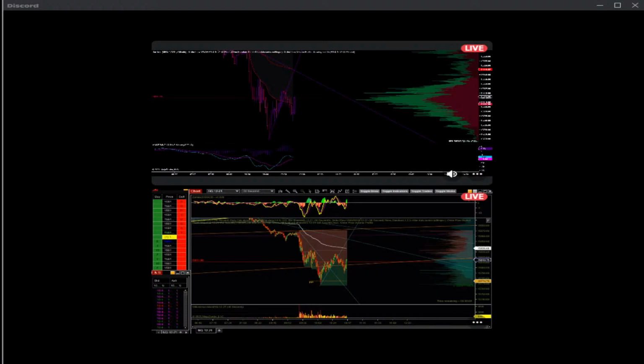A possible D-lag here. We'll see. Is it a D-lag or is it a symmetrical triangle? See which one's going to be.